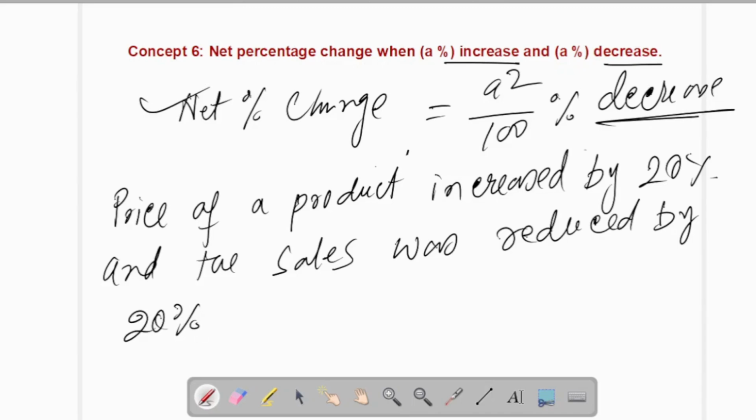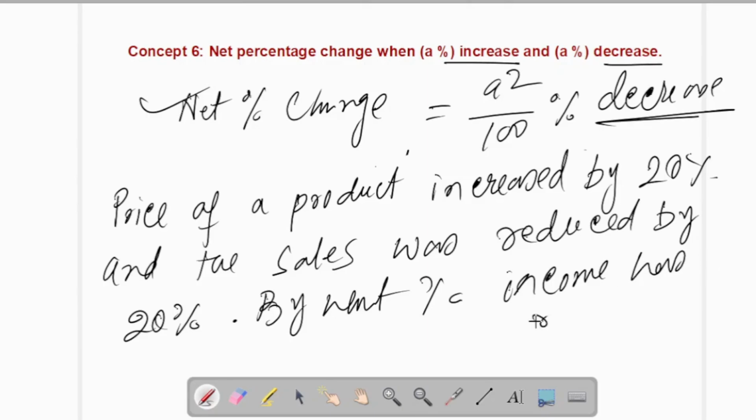By what percentage has the income reduced? Or what will be the change in the income?